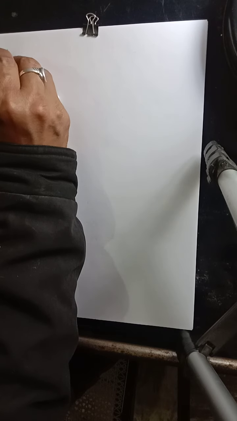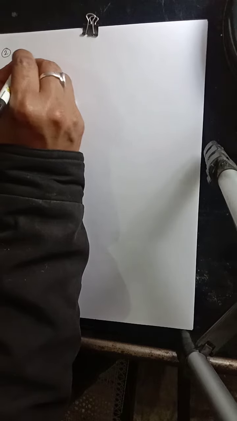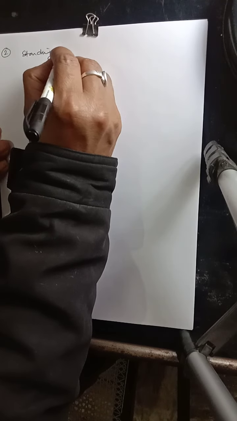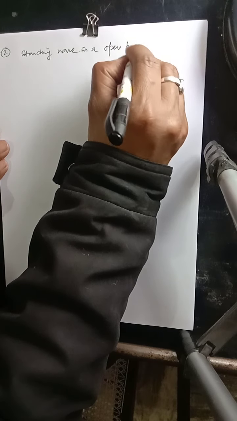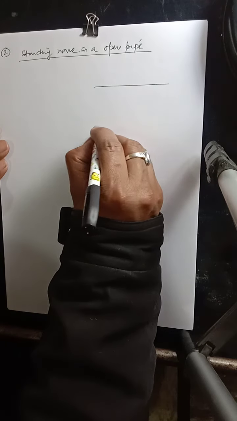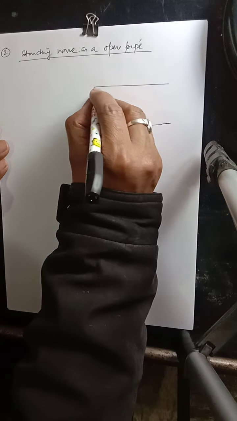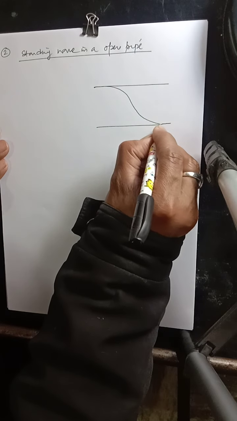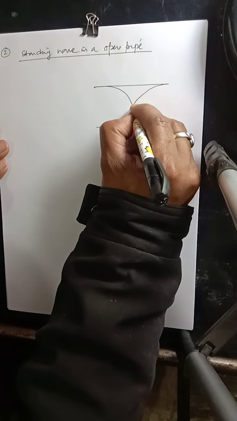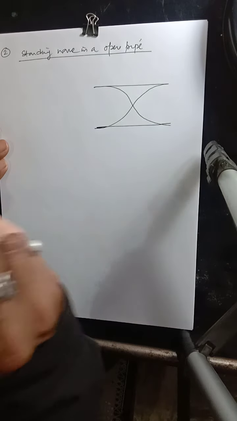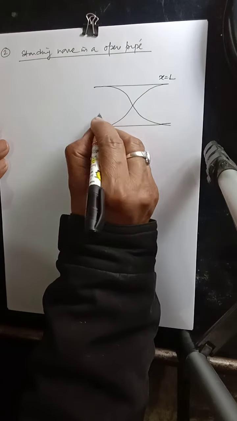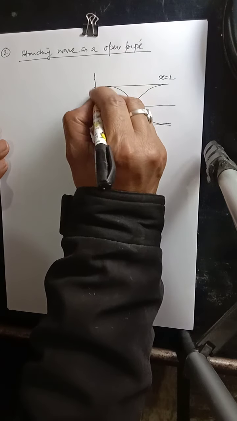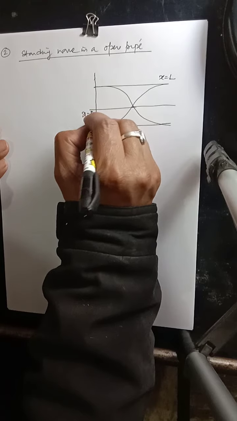Now the second case which we are going to discuss is the standing wave in an open pipe, where both ends are open. See, this is the diagram for that one. This is x equal to L. This is x equal to 0.